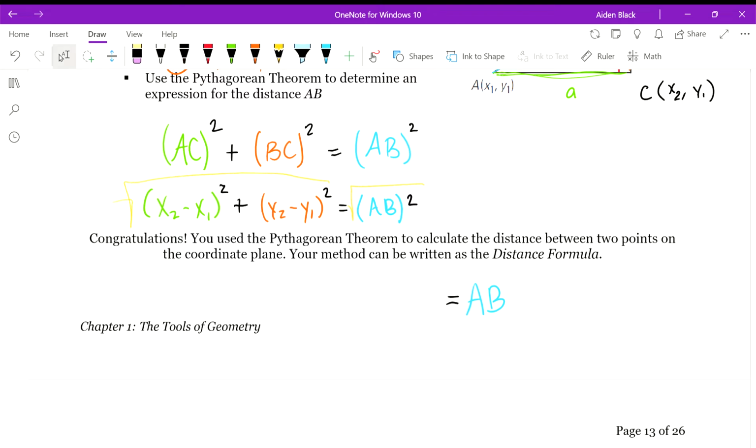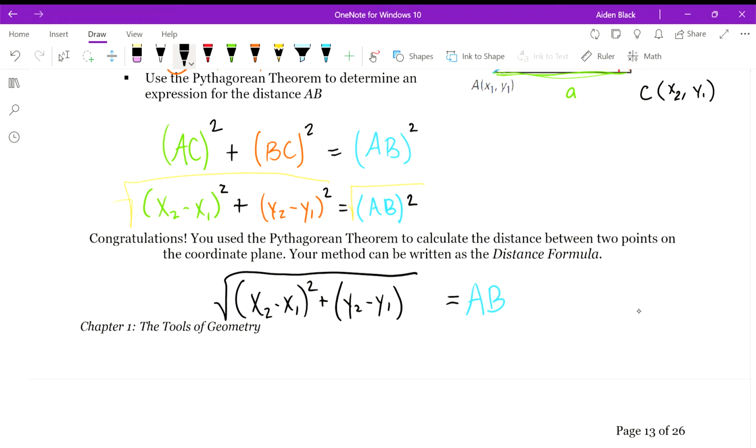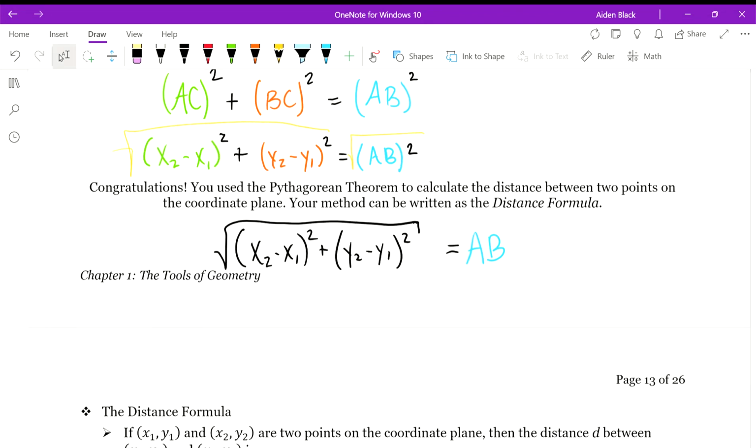We get this. And I'm just going to rewrite this whole thing in black. So we get the square root of (x2 minus x1) plus (y2 minus y1). This is still squared. So this is actually the distance formula.